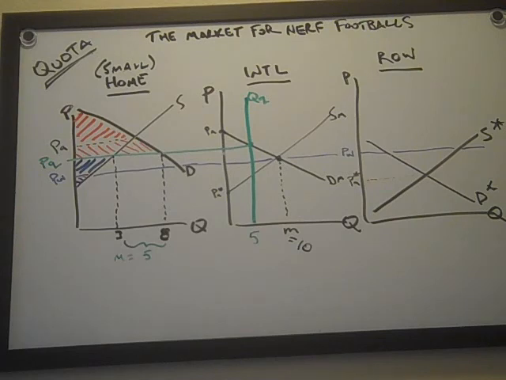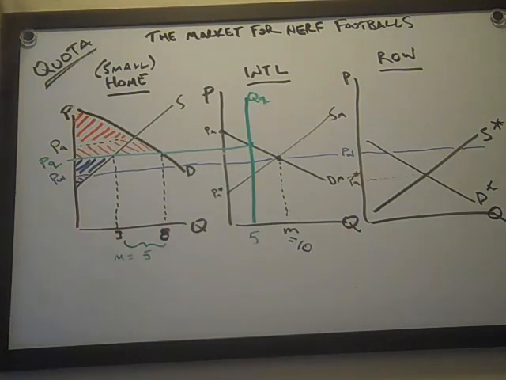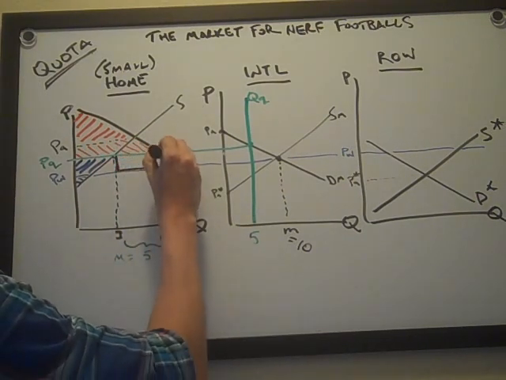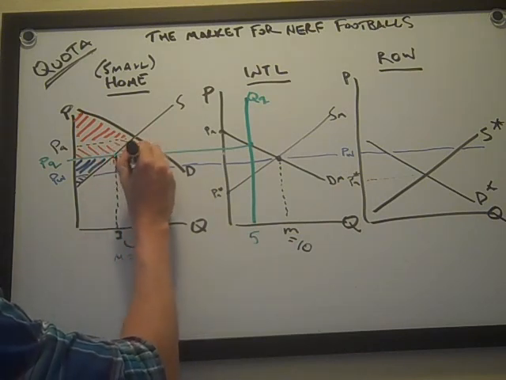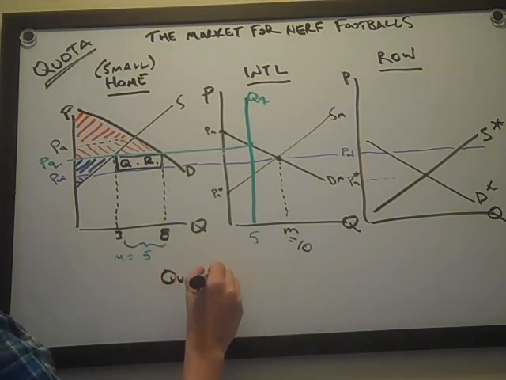Now, the quota, this piece right here, becomes interesting because of the quota. Let me find a marker I can use to outline that. So this piece winds up becoming pretty interesting. I'm going to put QR in there. We call that quota rent.